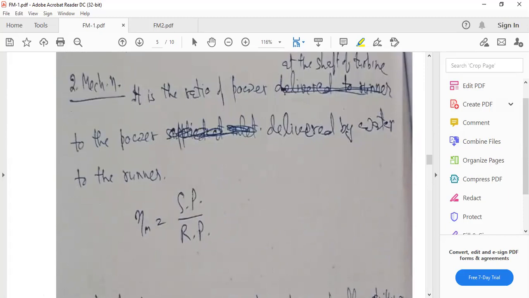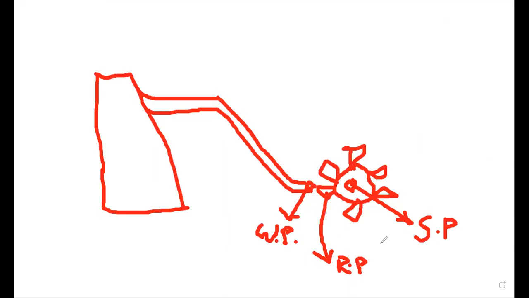You can see from the same diagram, when water impinges on the blades of the turbine, this is known as runner power, and due to this water energy, the blades of the runner start rotating, and then we get the power at the shaft. So the ratio of shaft power to the runner power is known as mechanical efficiency.